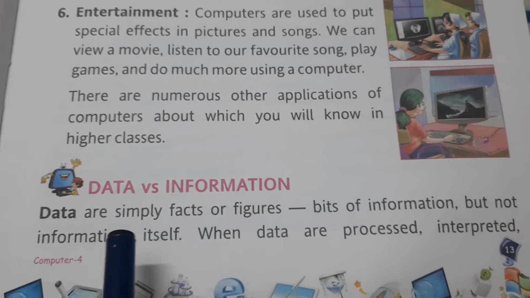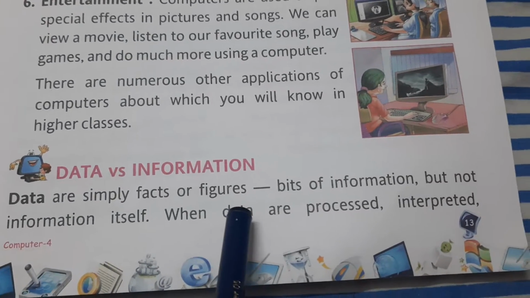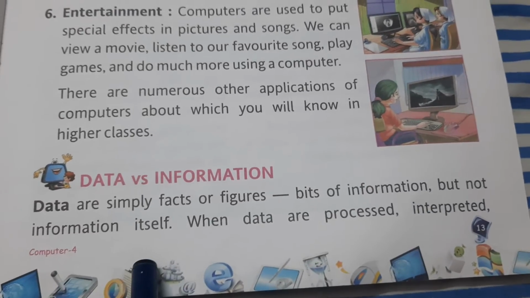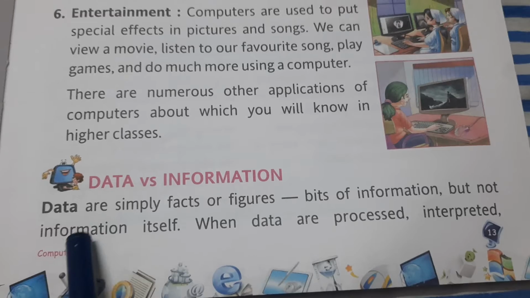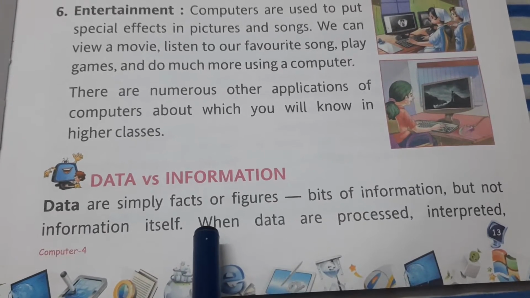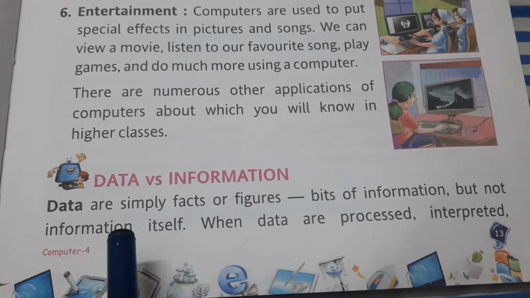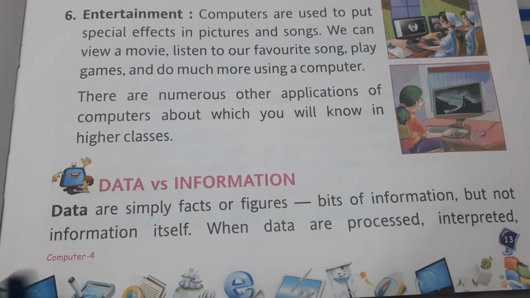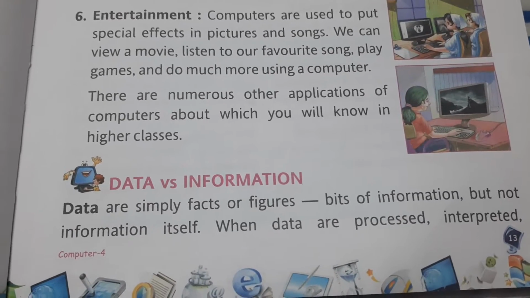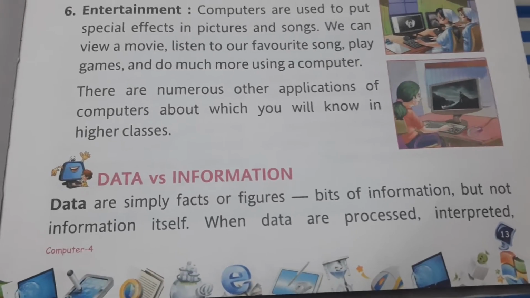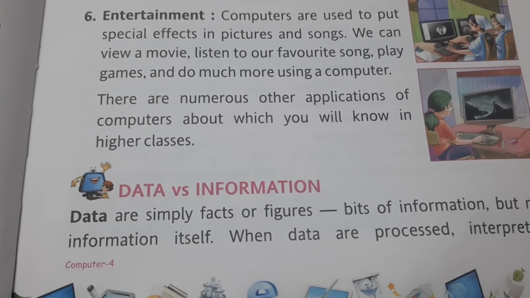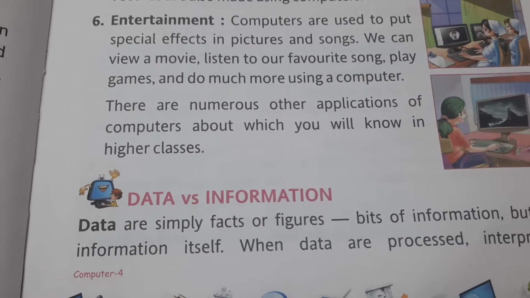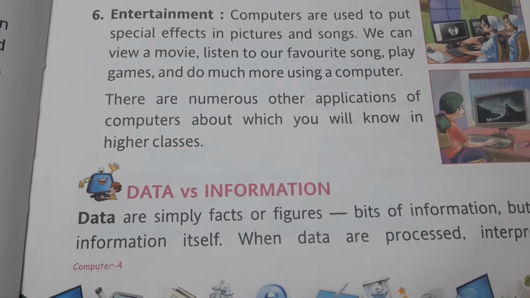So let's start. Data are simply facts or figures, bits of information but not information itself. Means data are only facts and figures, something written with a combination of alphabets, and figures means numbers, which can denote anything that we want. Basically data is anything that we input into the computer.